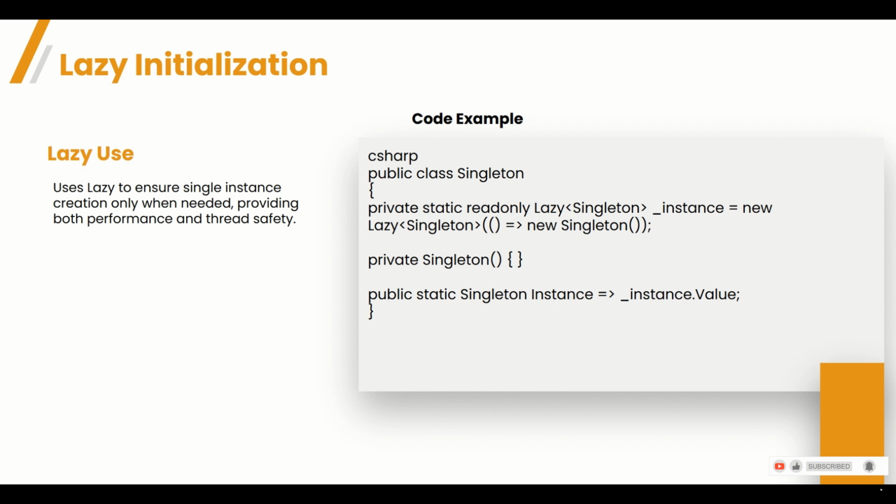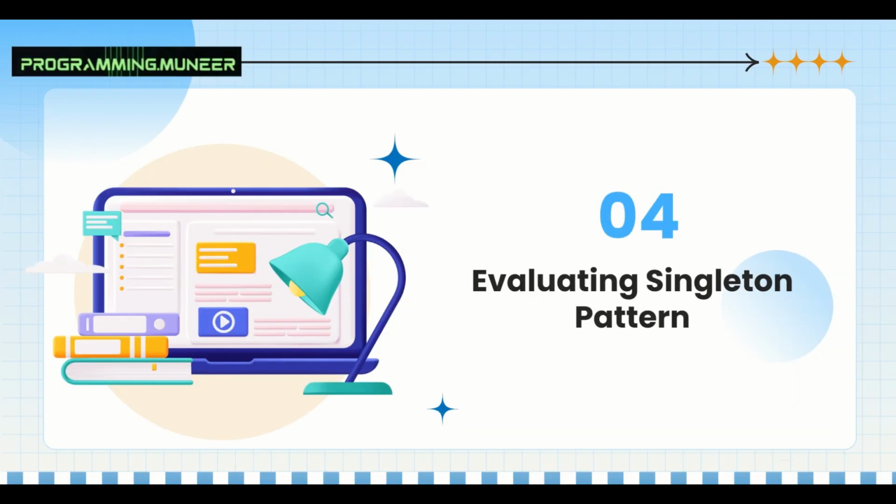What you need to do is mark the static variable with lazy. This ensures that only when the singleton is being used do we create the instance, meaning that unless the variable is used somewhere, the instance is not going to be created. So that's the benefit of lazy initialization.